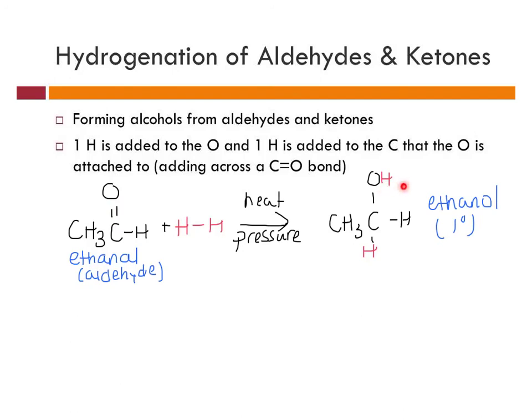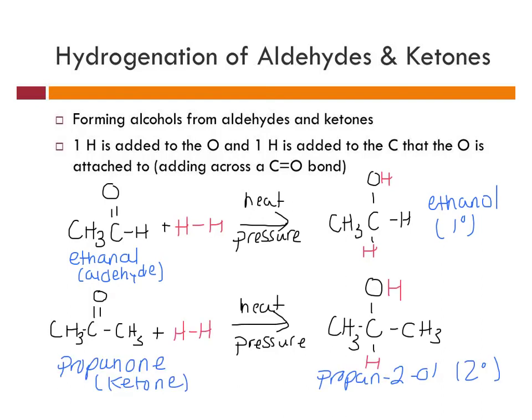So we see that we've gained 1 hydrogen attached to the oxygen to make a hydroxyl group, and 1 hydrogen ends up on the carbon because we've broken the double bond, and carbon still needs to be bonded to 4 things. So 1 ends up here, as you see, and 1 ends up here, as you see. And we end up with ethanol, which is a primary alcohol. So aldehydes lead to primary alcohols.